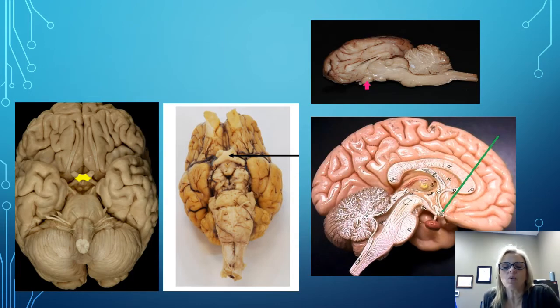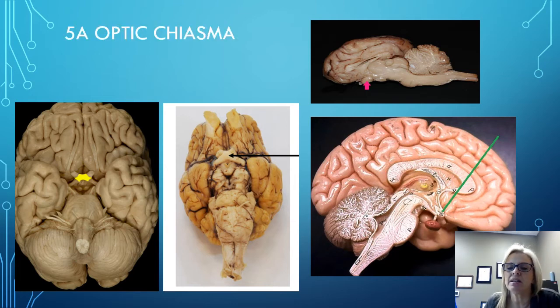So the center portion of that tract that makes the center of the X, we call that the optic chiasma. And you can see it in several views. When you're looking at a lateral view, sliced through the middle from the side, it's much harder, but you can still learn which one it is. You just got to figure out what bump is what.